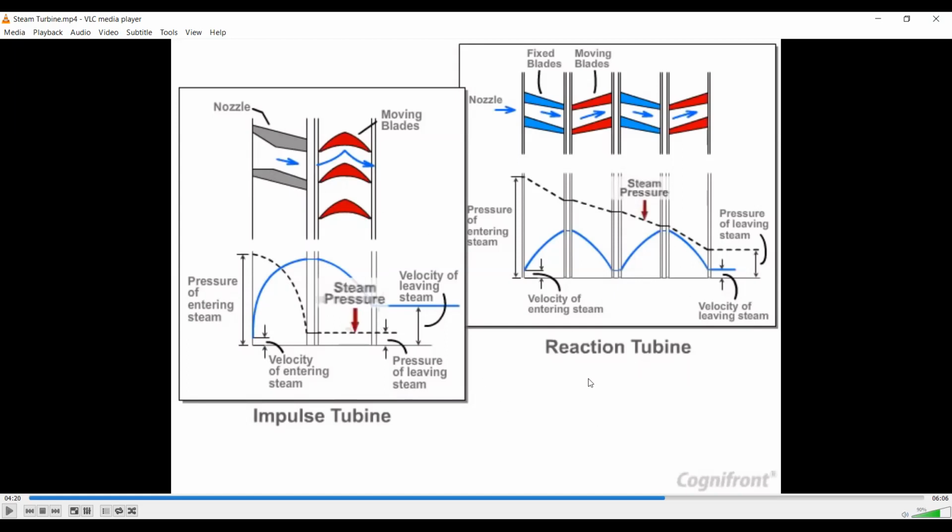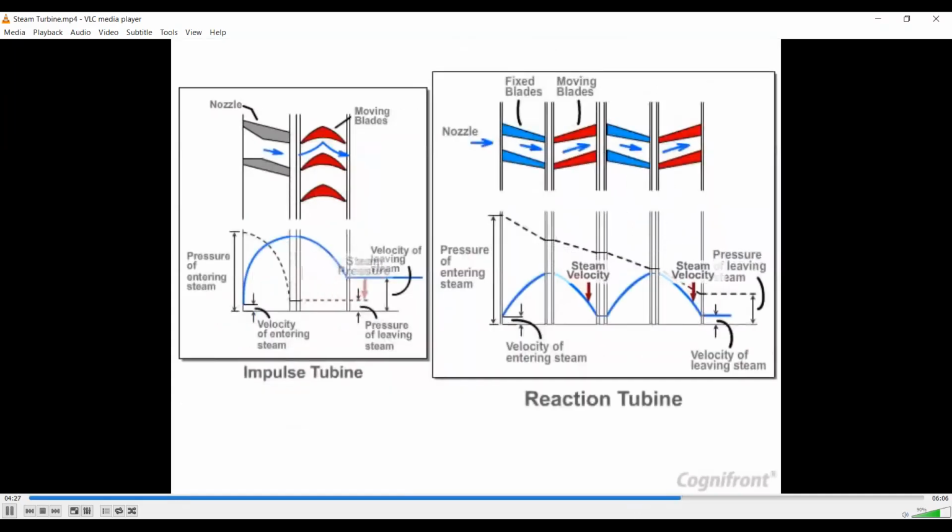But for the reaction turbine, for fixed blades, the velocity is increasing, and for the moving blades, the velocity is decreasing. See the comparison of characteristics between the impulse turbine and the reaction turbine.